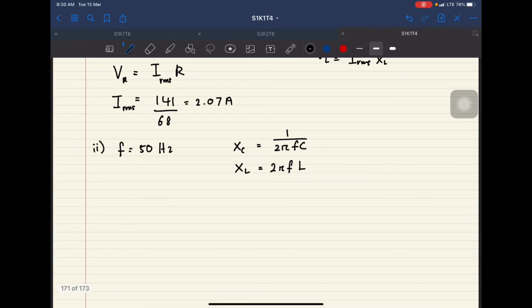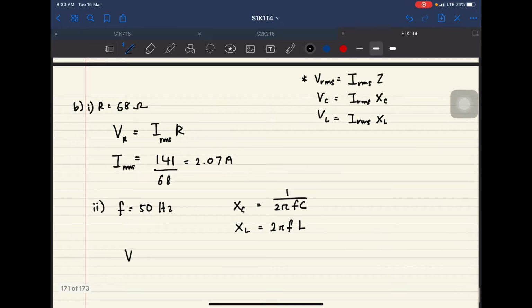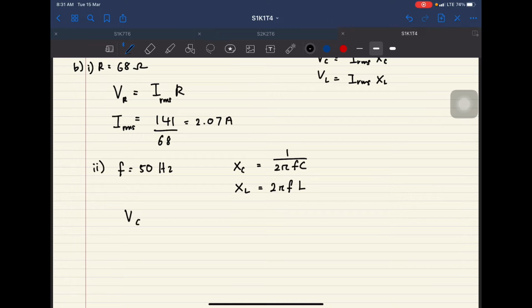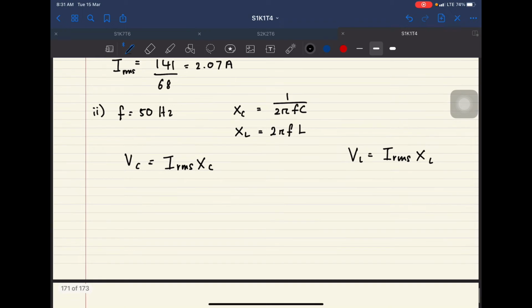So if I go back to these notes here, I can use VC and VL. VL is equals to I RMS XL. I just do it side by side.